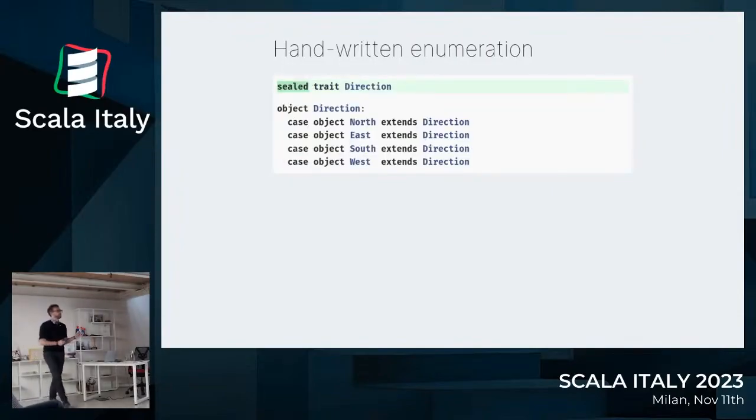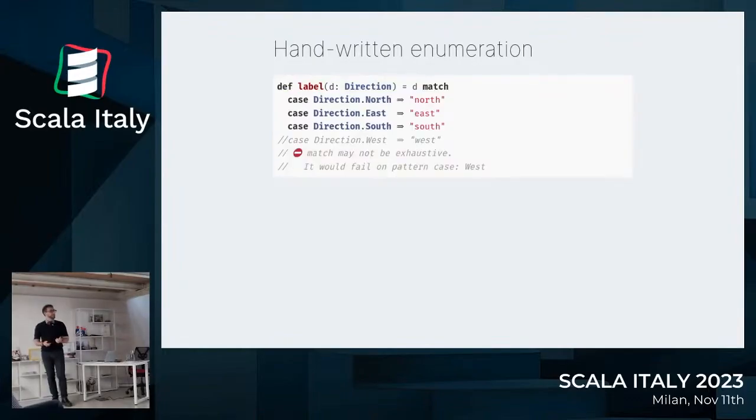What a sealed type means is that all of the subtypes of Direction are going to be declared in that file. It is illegal to declare any other subtype of Direction anywhere in the code. So with that, the compiler knows for a fact that all the possible values of type Direction are north, east, south, and west. And since it knows exhaustively all the possible values, it will actually fail to compile here because it knows that we have not handled the west scenario.